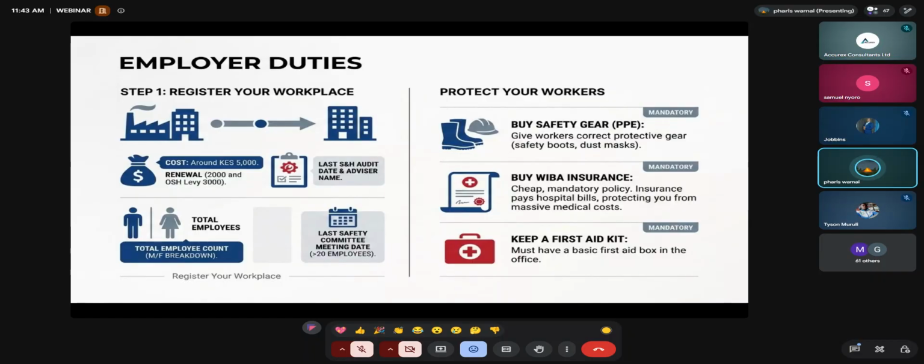The work of the safety committee is ensuring that the workers have a platform in which they can express unsafe behaviors and unsafe conditions, and ensuring that at the end of the day, the management is able to hear from the employees directly.